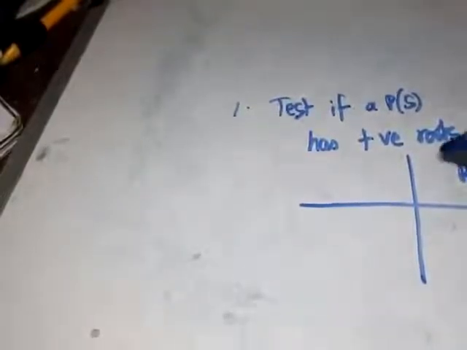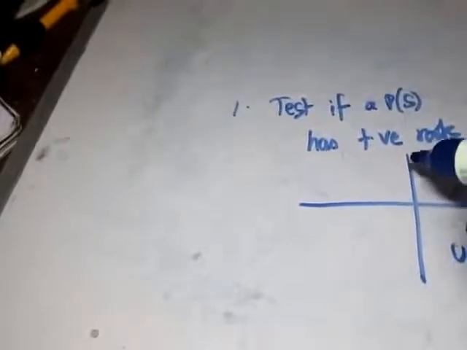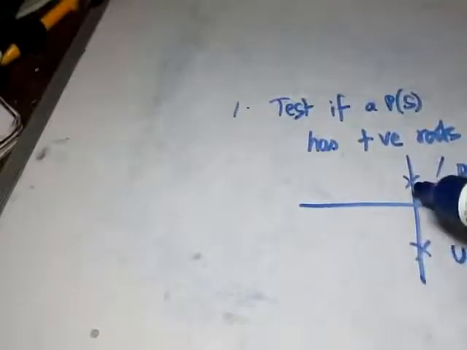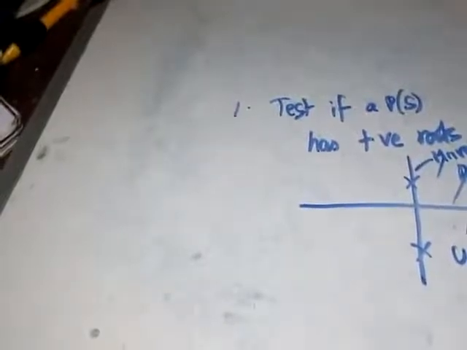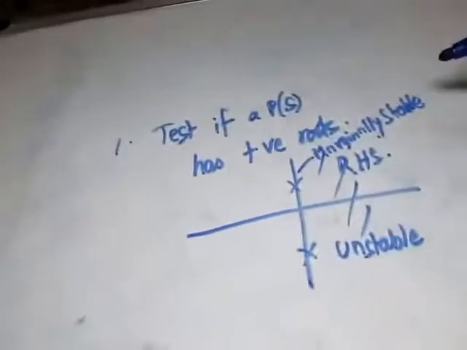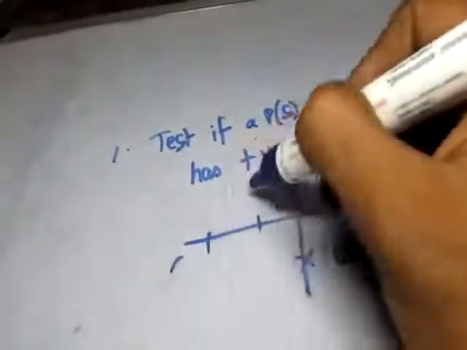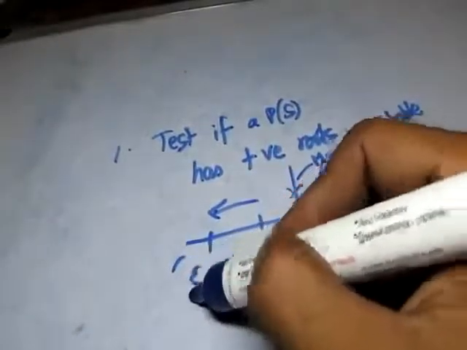Whatever is here is unstable. If there are roots on the imaginary axis and they are simple, the system is marginally stable. And if the roots are on this side, the left side of the plane, the system is stable.